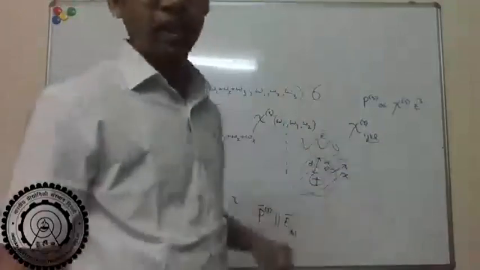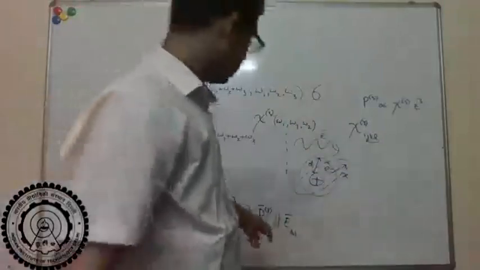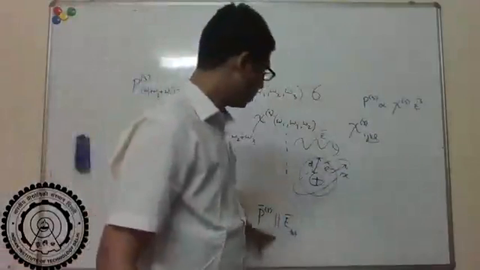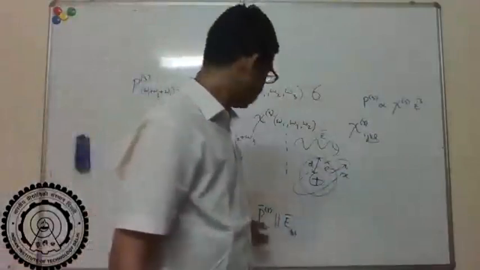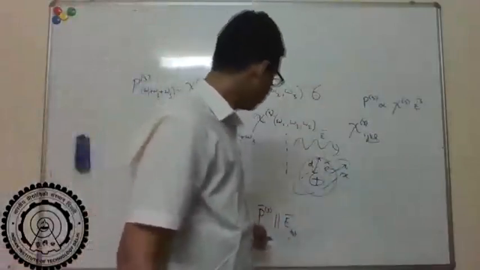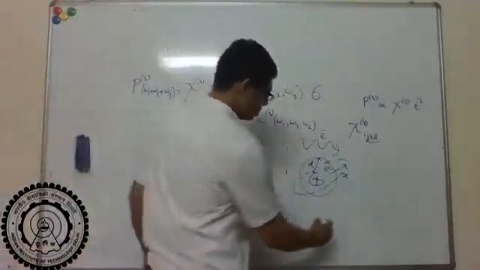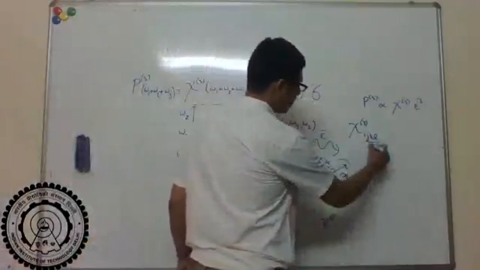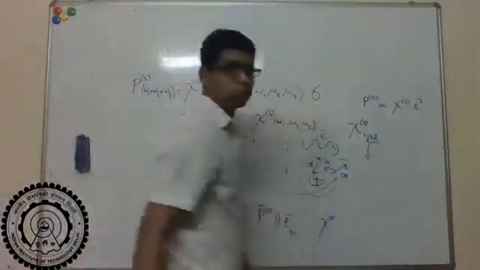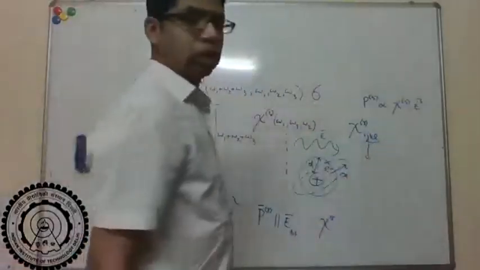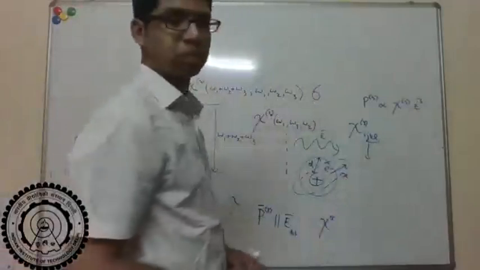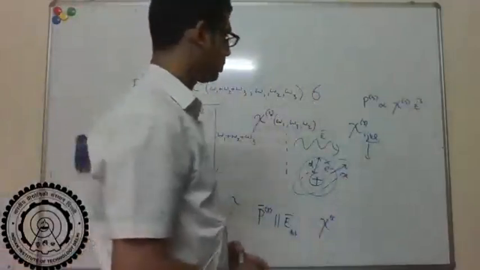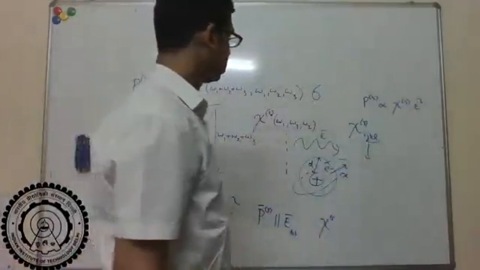So you can think of combinations such that you apply some field in some direction and you want to see polarization induced in some particular direction. It's straightforward. You automatically see that because of this, all the elements where three of them are the same have to go to zero. You gave an example of 1 2 2.